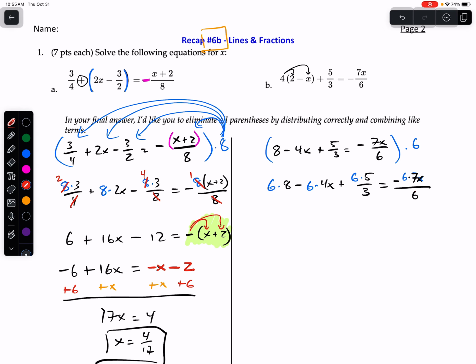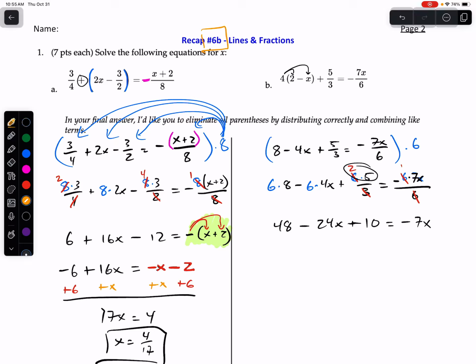And then we can divide this out. That's 1. 3 goes into 6 2 times. And now we've got 48 minus 24x plus 2 times 5 is 10 equals negative 7x.